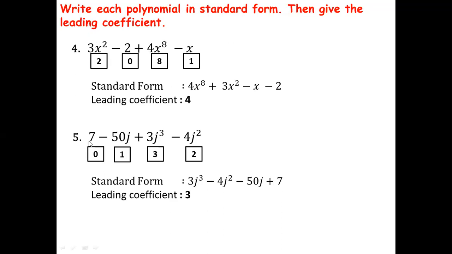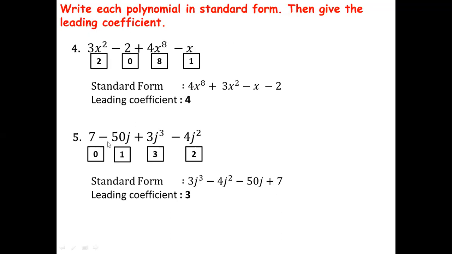Okay, so this one, the degree is 0. This one, the degree is 1 as j is alone, so there is always a 1. Here the degree is 3 and here the degree is 2. So what comes first? First always the greatest one. So 3j to the power of 3. Then comes the second degree, that is 4j squared minus 50j plus 7.